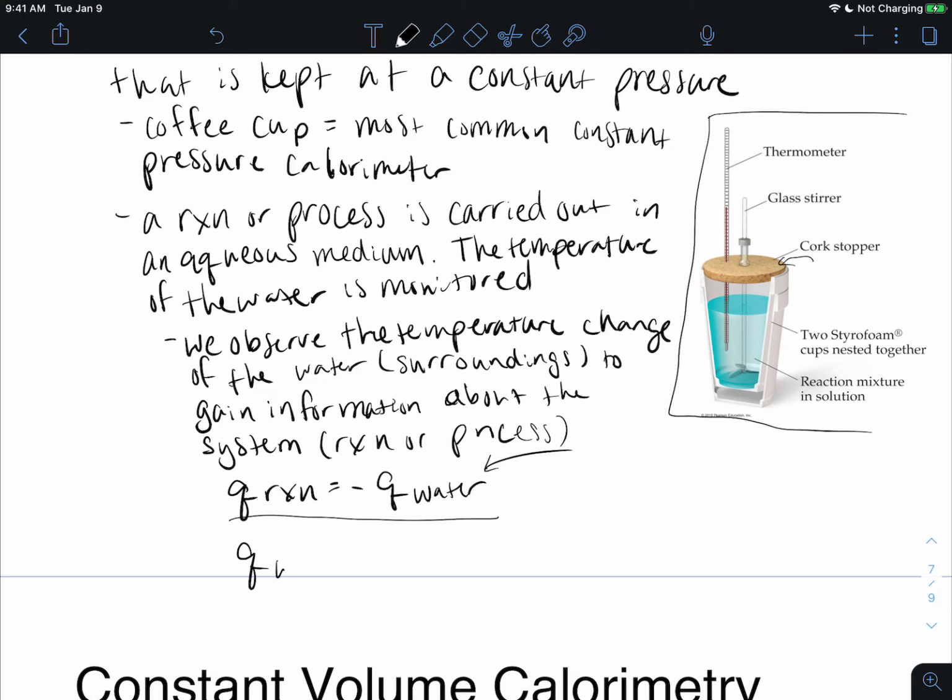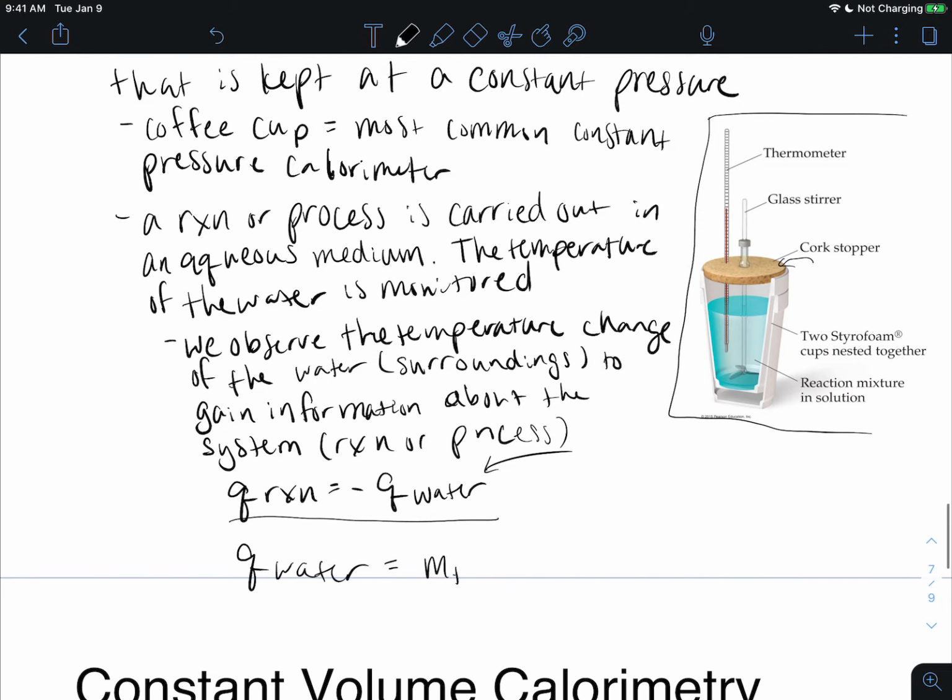So our Q of our water will be equal to our mass of our water times the specific heat of our water times our change in temperature of our water. So we'll look at that Q of our water and then we'll put it into this equation to solve for the Q of our reaction. Okay.